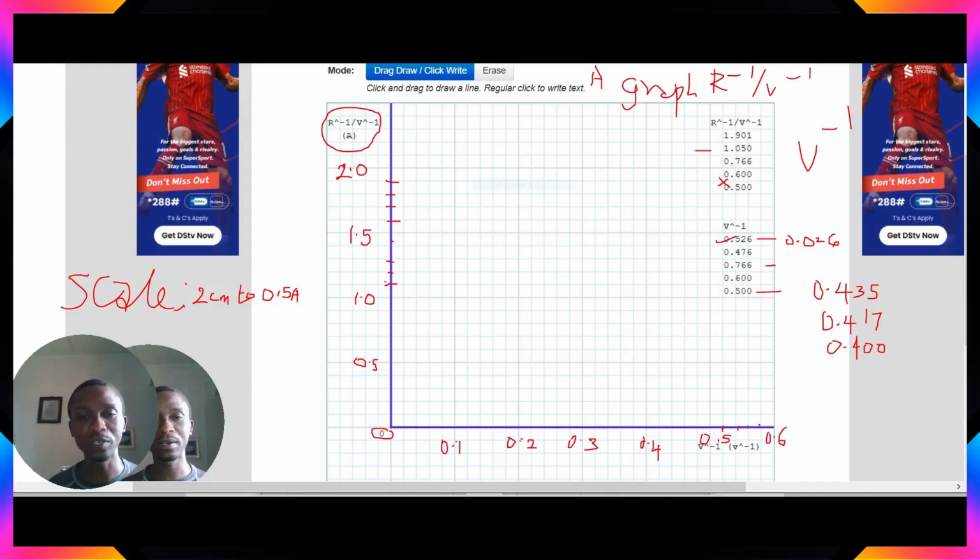So here is 1.1. So what's the corresponding value of the voltage at that moment? 0.476. Okay, let's put the scale on the horizontal axis. We have 2 centimeters, and that is to 0.1 per volt.